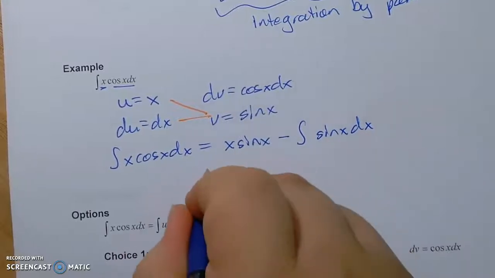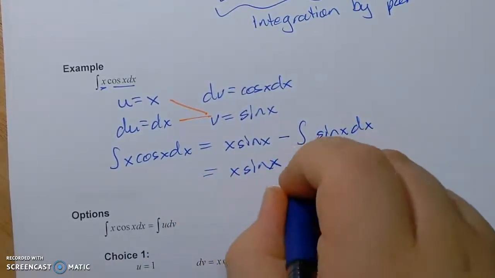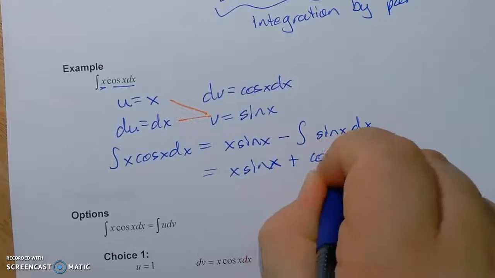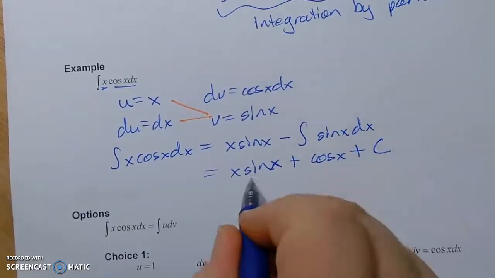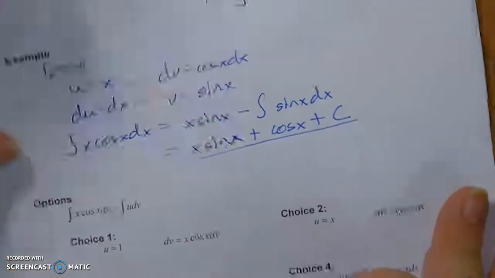So we integrate that, we're going to get x sine x plus cosine x plus c. So it's not pretty, but we can do it. And remember, we can't always do it.